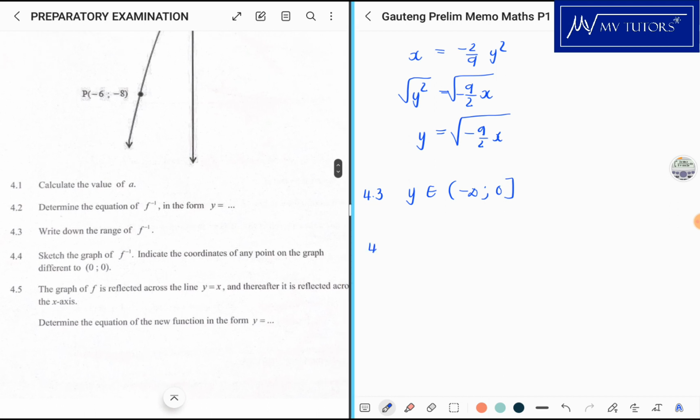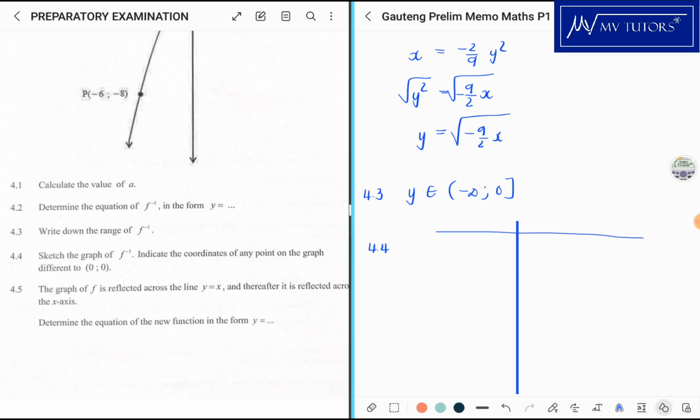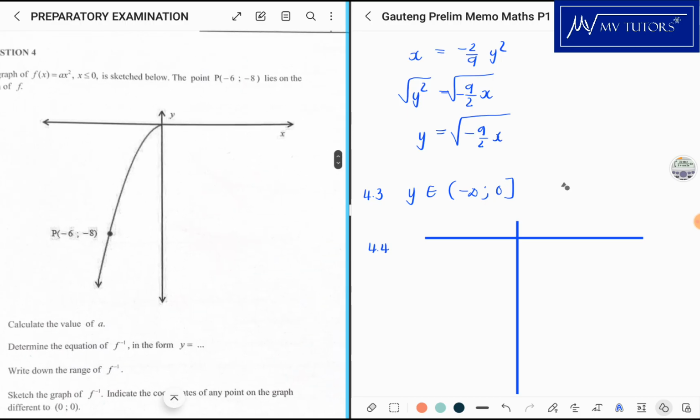Then 4.4: sketch the graph of the inverse. Indicate the coordinates of any point on the graph different to (0, 0). So this is our graph over there. For our original, I'm just going to put the line y is equal to x. I don't know if this will plot nicely. Hopefully it does. No, it didn't. Let me just do it like this.